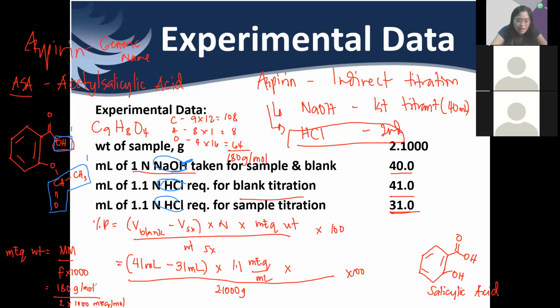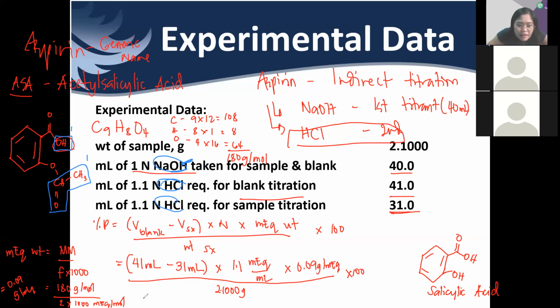So 180 divided by 2,000 is 0.09 grams per milli equivalent.